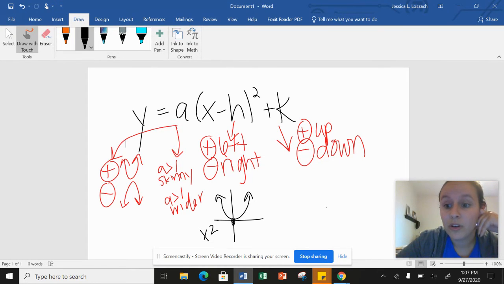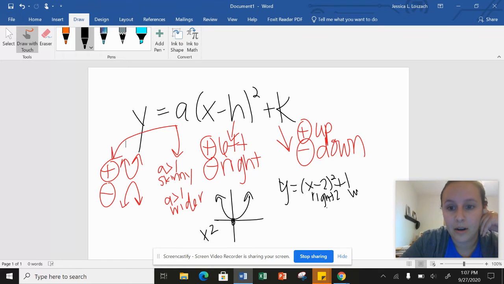So when you start moving your graph left and right, like if I gave you this equation, y equals (x minus 2) squared plus 1, that means that it goes to the right 2 and up 1. So you're actually taking the vertex and you're moving it to the right 2, up 1, and it's still going to open up. So that means that whatever your h is and your k make up your vertex.